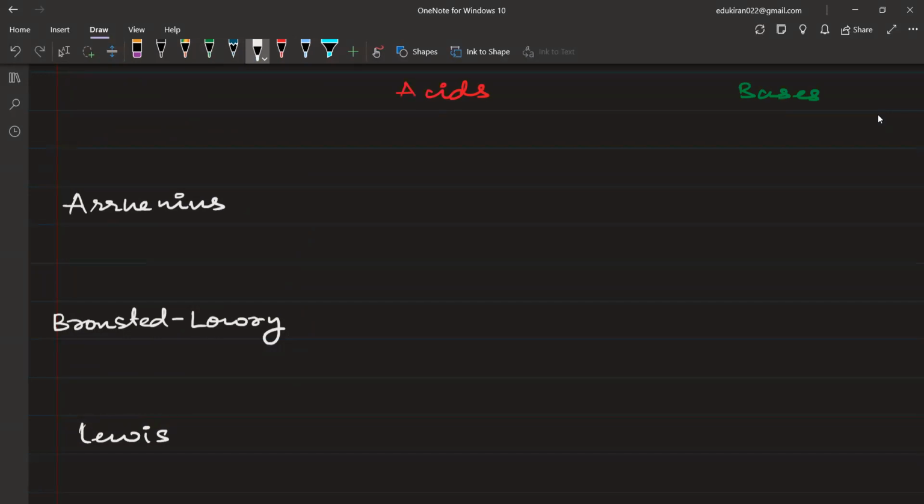What does the Arrhenius concept say? Acid gives H plus in water. Bases give OH negative in water.